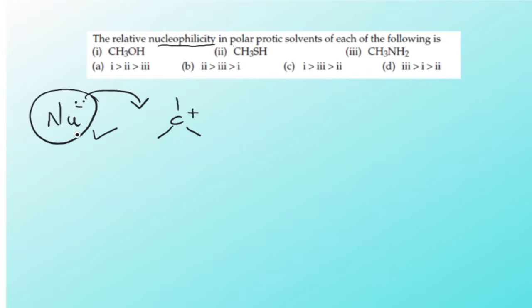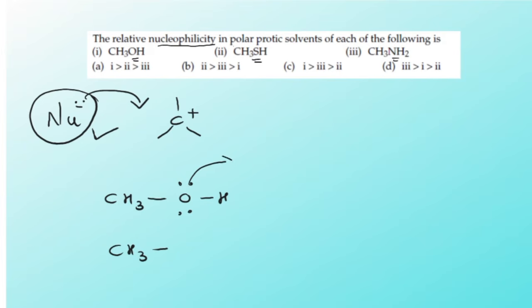If it is more electron rich, if it gives electrons easily, then we consider it a better nucleophile. The given three species are nucleophiles because of the lone pair of electrons present on oxygen, sulfur and nitrogen respectively.